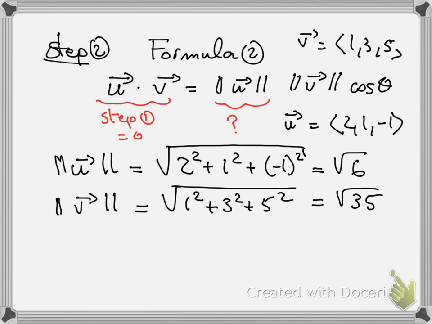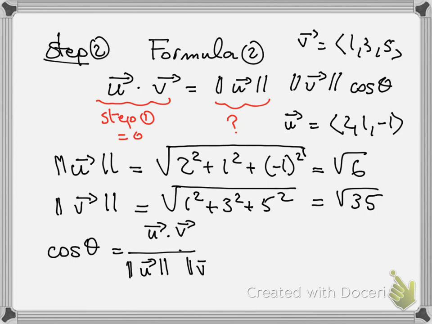Okay, so here if you use formula number 2, cosine of theta would be U dot V over the length of U times the length of V. So step 1, we said U dot V is actually 0, right?